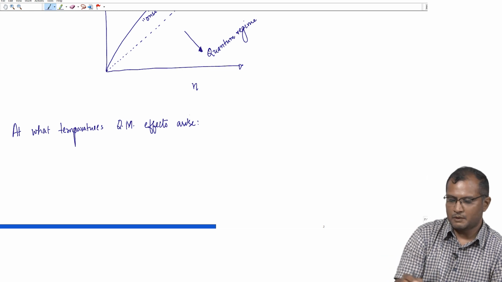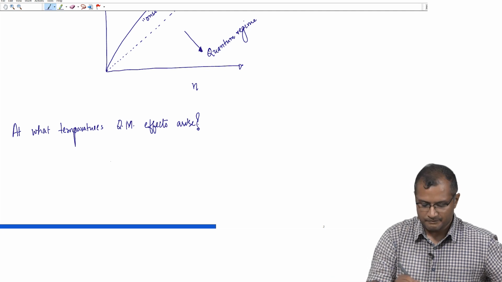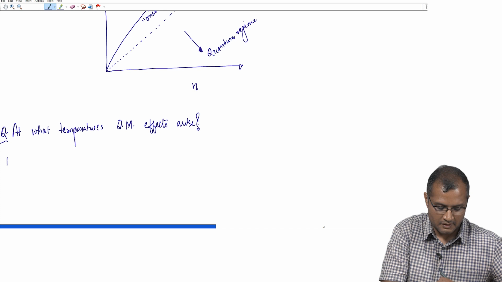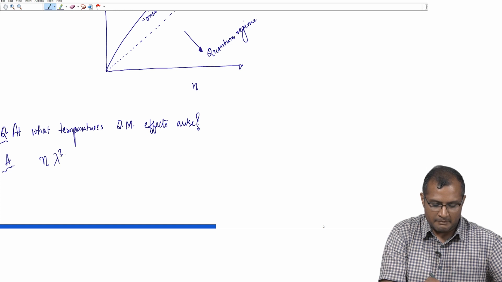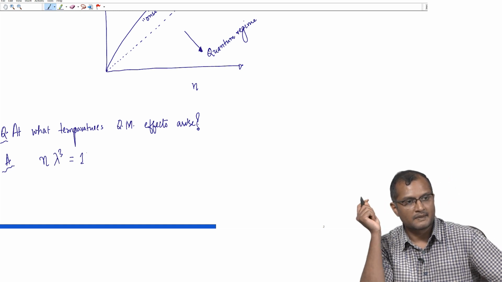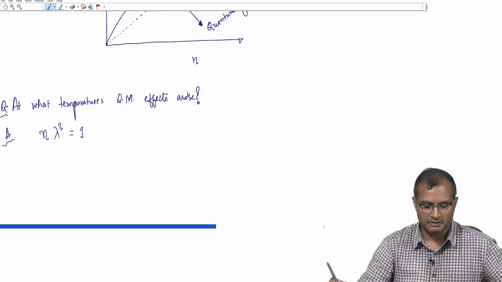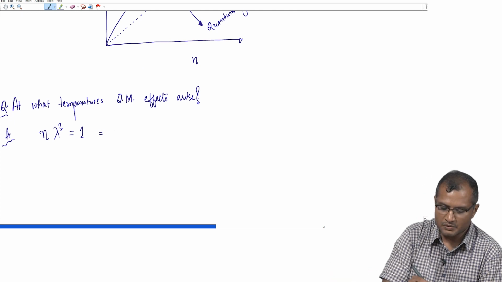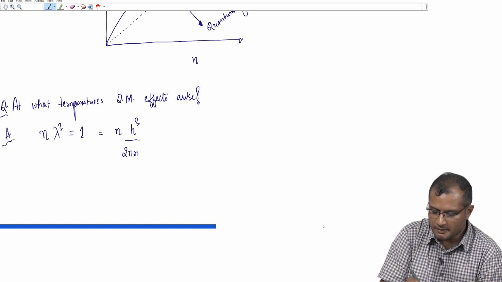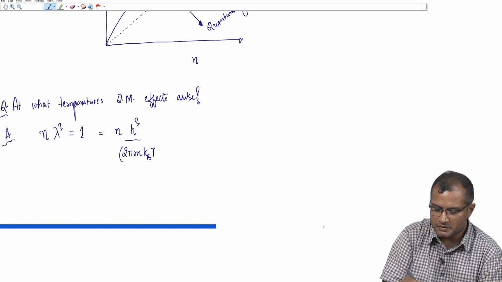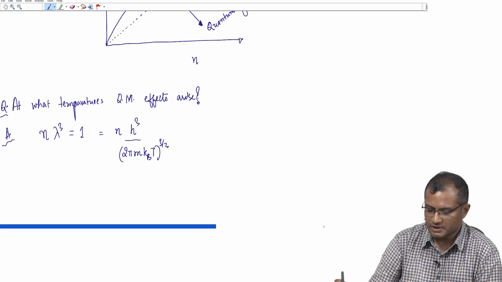If that is the question, at what temperatures the quantum mechanics begins to take over, you can answer this by saying, okay, this is the fuzzy boundary n lambda cube equals to 1. This will give me the temperature when quantum effects will begin to take effect, and I know this is nothing but n times h cube over 2 pi m kBT to the power 3 half, because that is the definition of lambda. So, now you can compute the temperature from here.